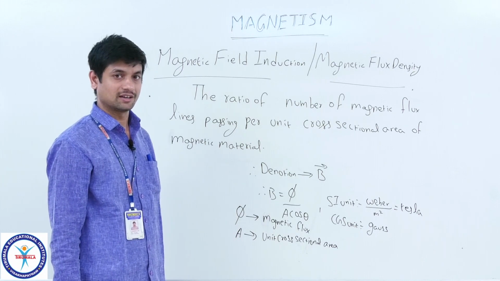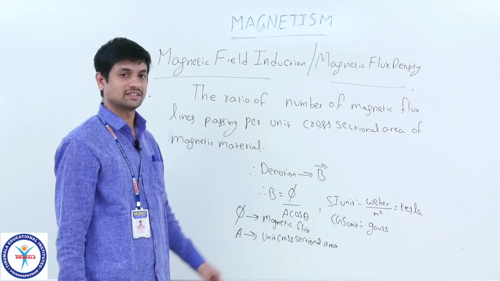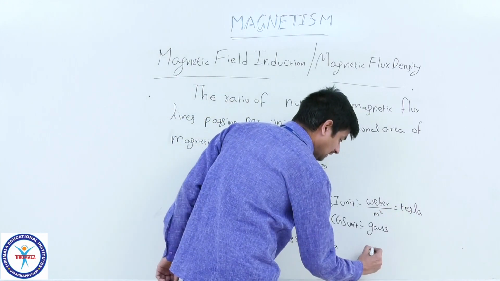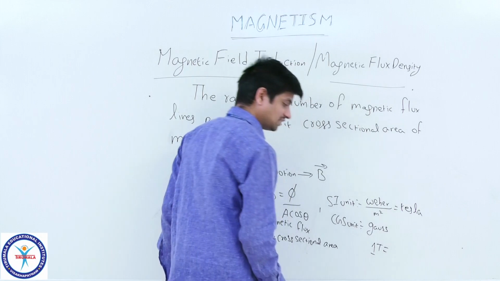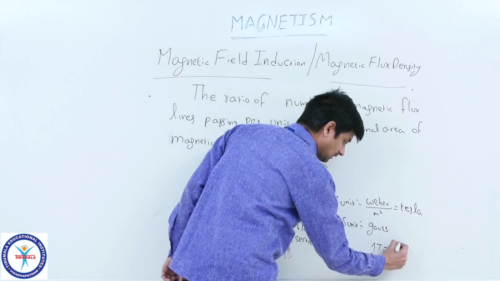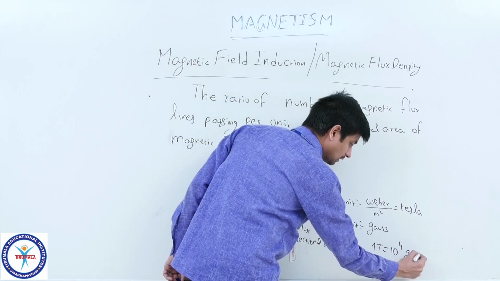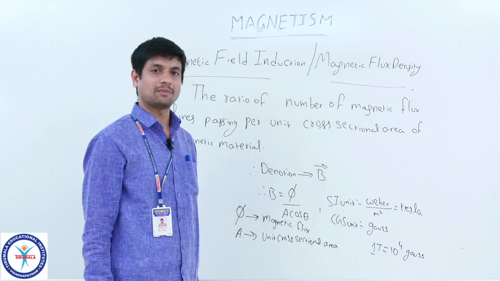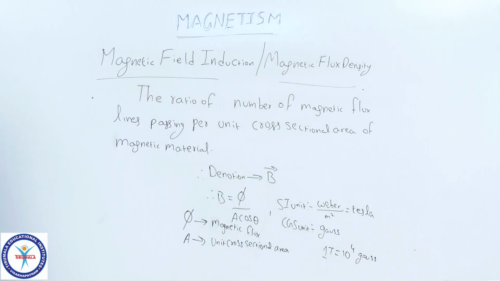That is why, in honor of Gauss, we use the CGS unit Gauss. So, 1 Tesla equals 10 power 4 Gauss, and 1 Gauss equals 10 power minus 4 Tesla.